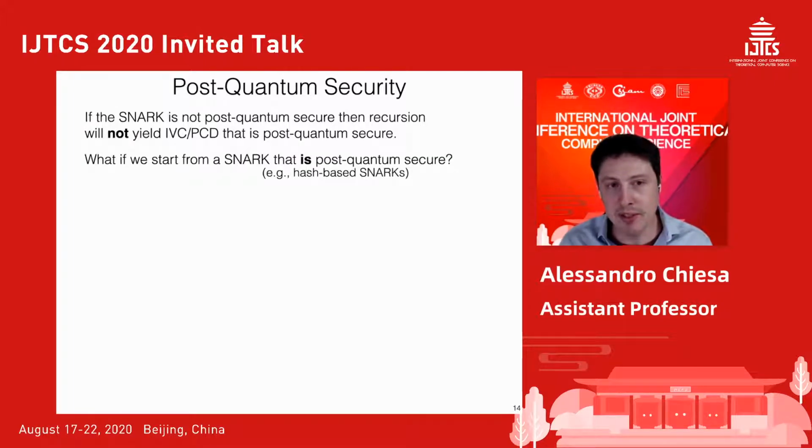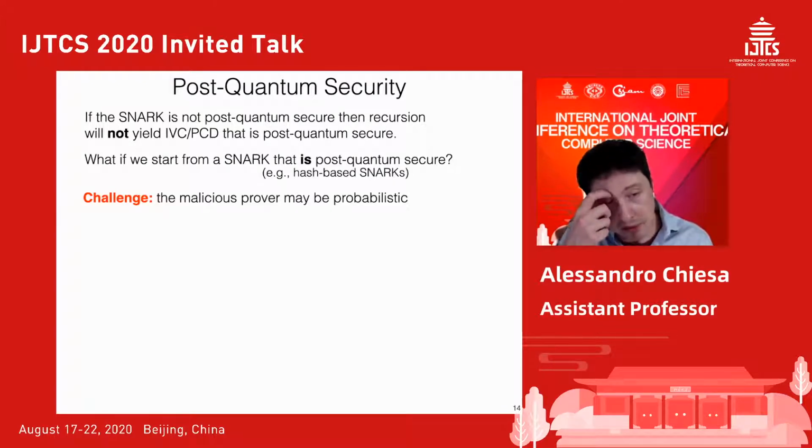But let's say that we did start from a snark that is post-quantum secure, and we actually do have post-quantum snarks, for example, the ones that are based just on hash functions. They can, for example, be instantiated using SHA-256 or lattice hash functions. We have such snarks. It would be nice to say that we are able to construct post-quantum IVC. For example, that would allow us to construct post-quantum succinct blockchains. That would be a nice thing.